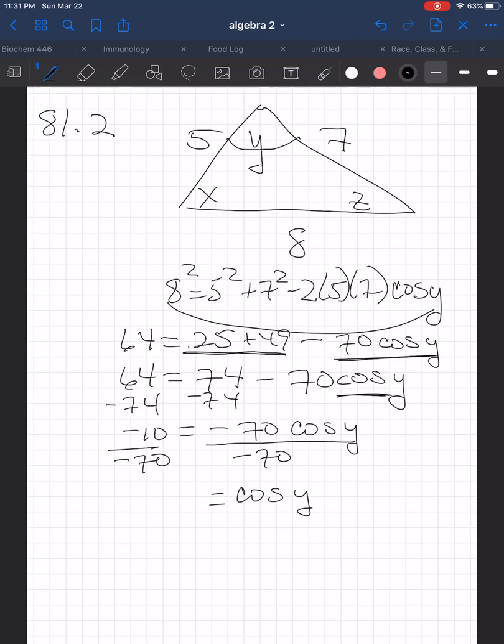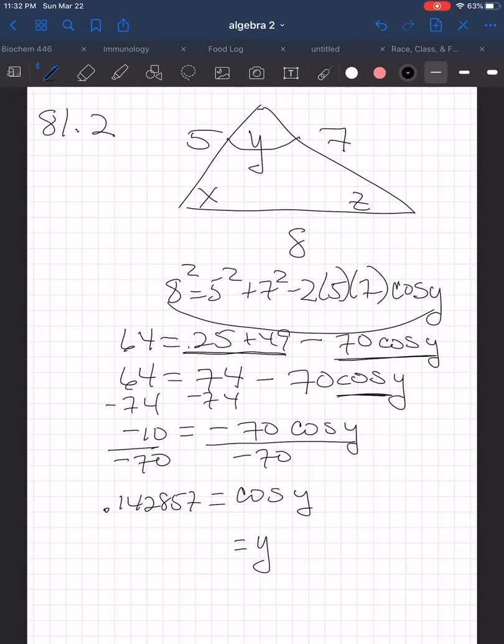So cosine of y is equal to positive 1/7, which is 0.142857, and so on and so on. I'm just going to leave that in the calculator. And that's a positive cosine. So what kind of an angle are we going to get if we have a positive cosine? That's right, we'll get an acute angle.